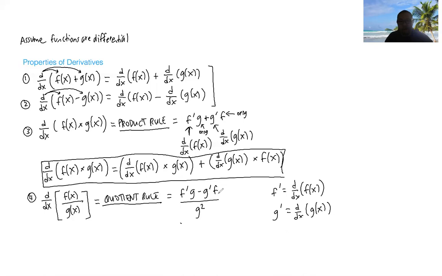And f represents the original f function. So you're going to do the derivative of the top term times the original bottom, minus the derivative of the bottom times the original top, all divided by the bottom squared. And so this is the quotient rule.